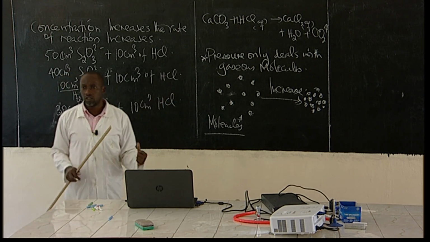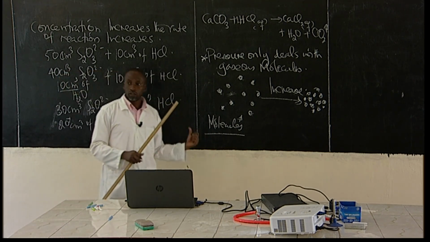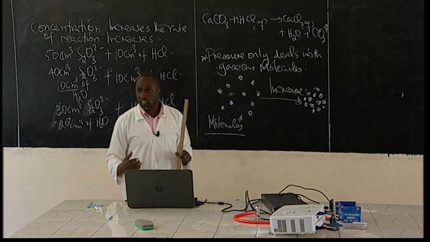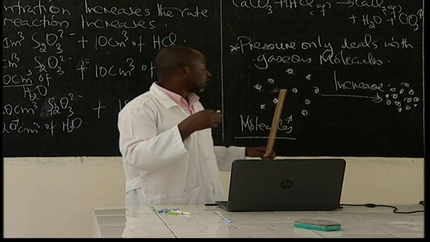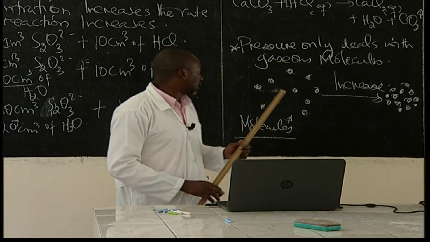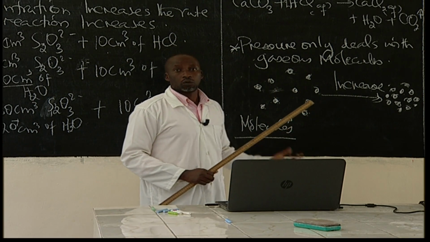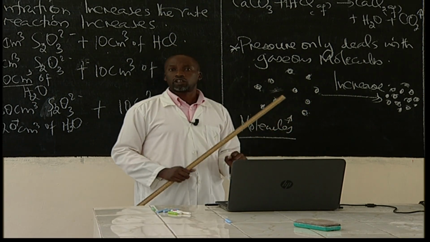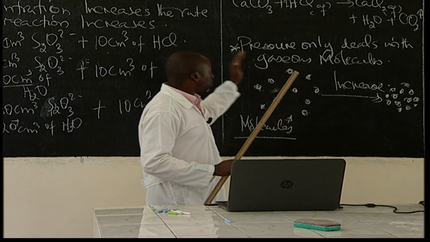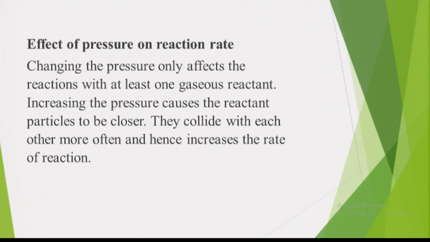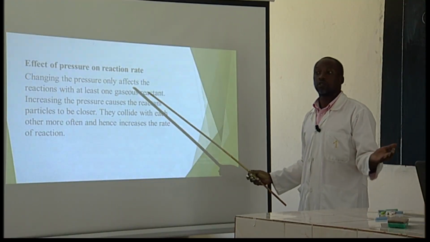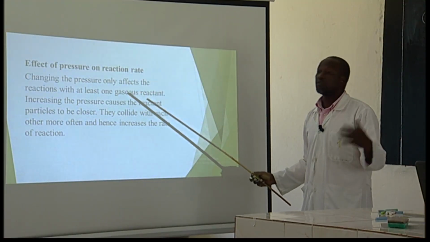When you reduce the pressure, then what happens? You are reducing the chances of collisions of those particles with enough energy to come together, meaning you reduce the rate of the reaction. So an increase in pressure increases the rate of the reaction. Changing the pressure only affects reactions with at least one gaseous reactant, because other substances cannot be affected by pressure.